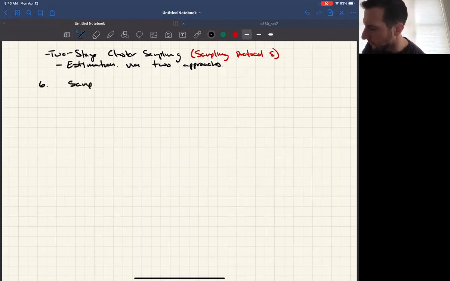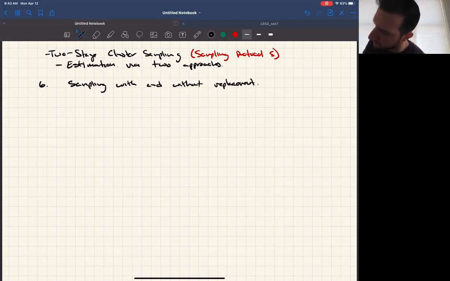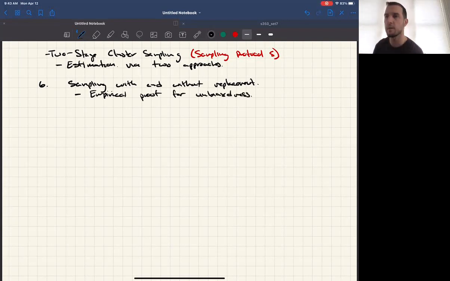Okay, and then in lecture set number 6, we talked about sampling with and without replacement. And here we talked about empirical proof for unbiasedness. So we talked about how we can show that an estimator is unbiased underneath using those sampling schemes by working out those selection probabilities.